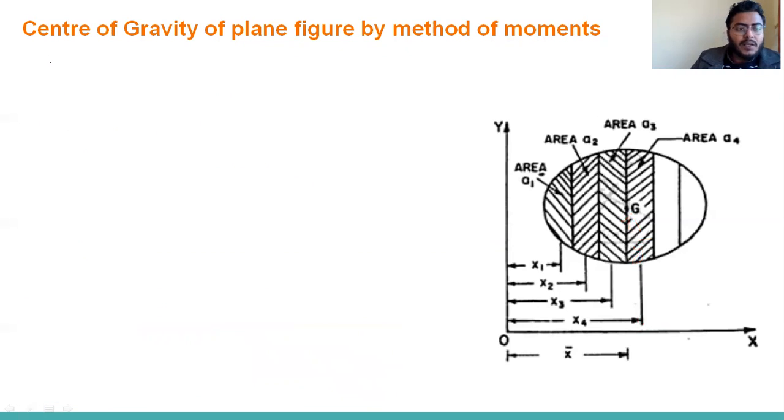Same formula I'm writing in terms of summation, like x bar. We write summation, i is equal to 1 to n, of ai into xi, divided by summation of ai, i is equal to 1 to n.